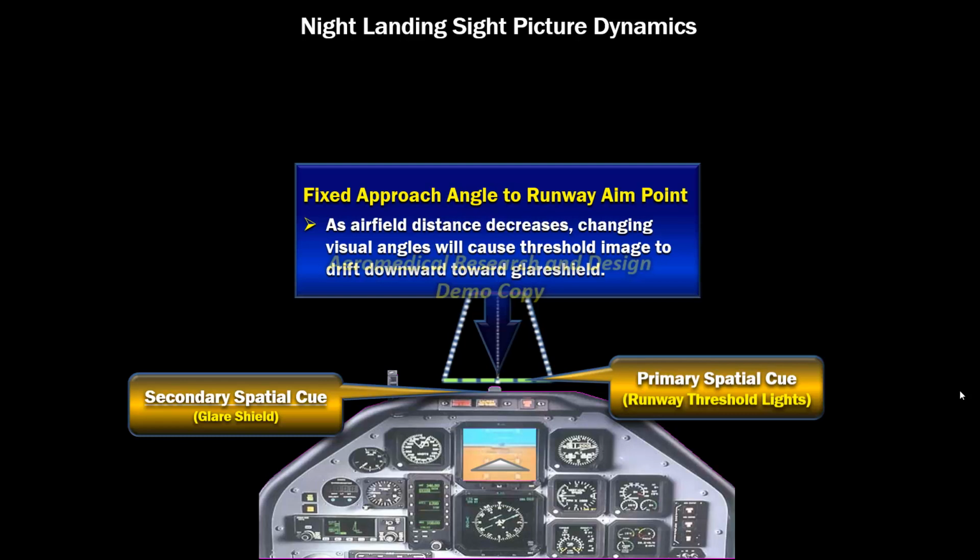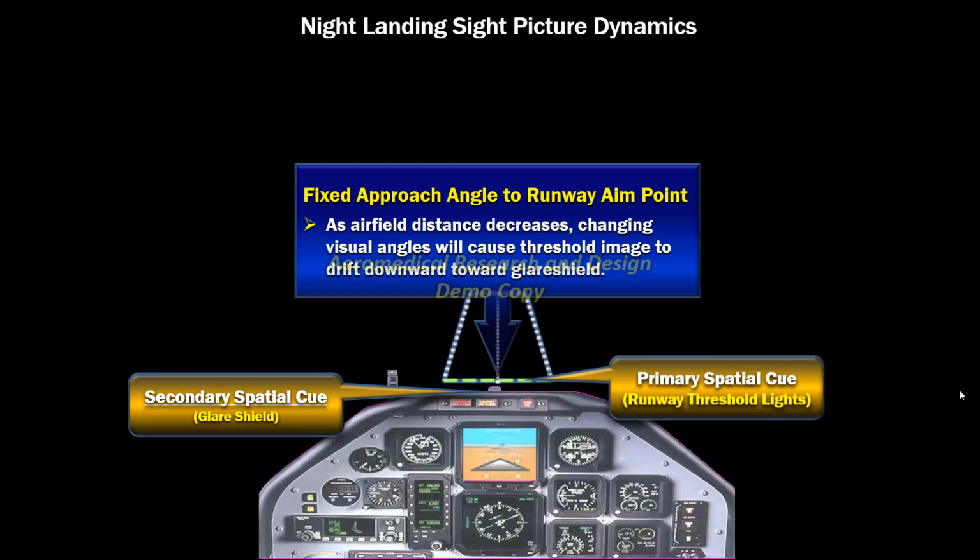Novice pilots are often correctly taught that during day VMC, maintaining their horizontal reference at a fixed distance above the glare shield will ensure a constant glide slope. On a dark night with no visible horizon, it would be understandable why some pilots might attempt using a similar spatial strategy that substitutes the runway threshold as a horizontal reference.